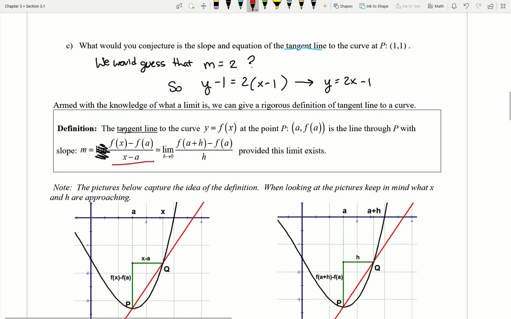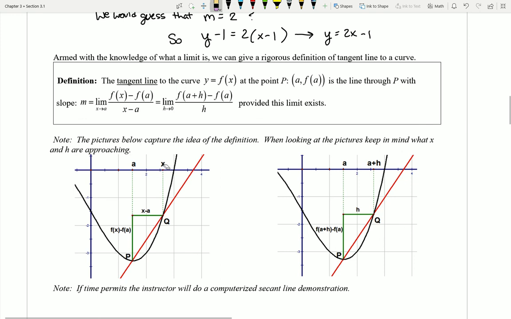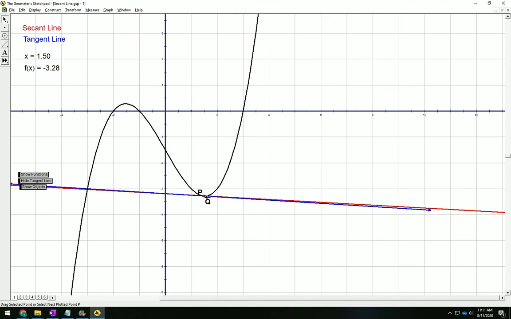But to turn it into a tangent line slope, we will say, let's take the value of x, that starting x coordinate, and slowly push it back towards the value of a. Just like what we were doing over here. We were taking the value over here and slowly moving it back this way.